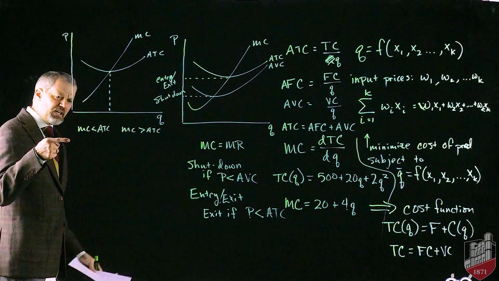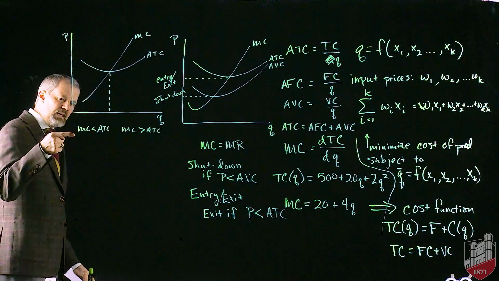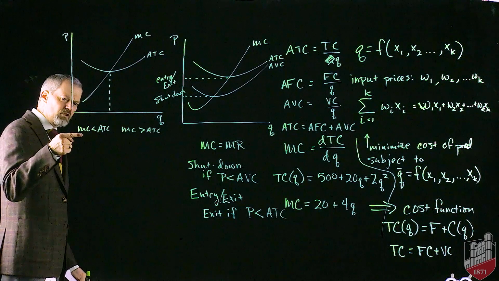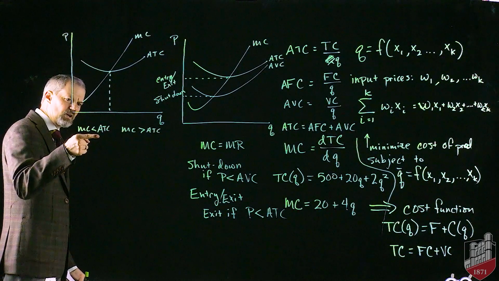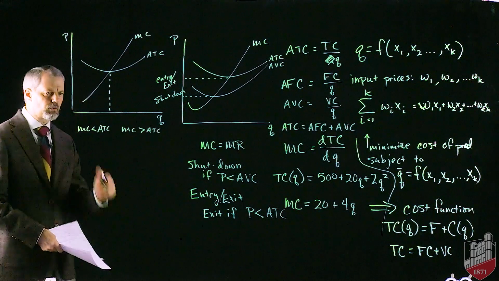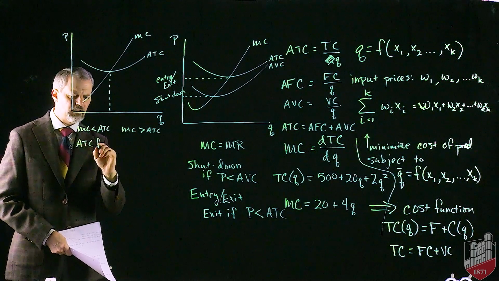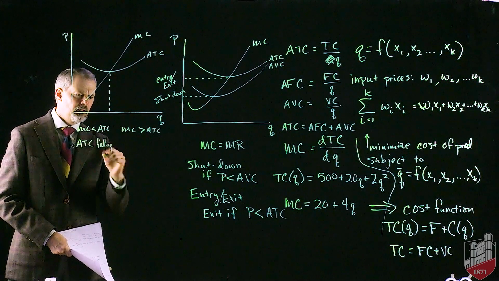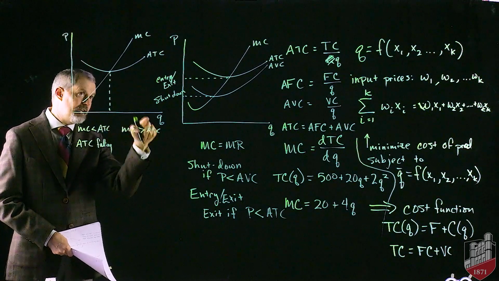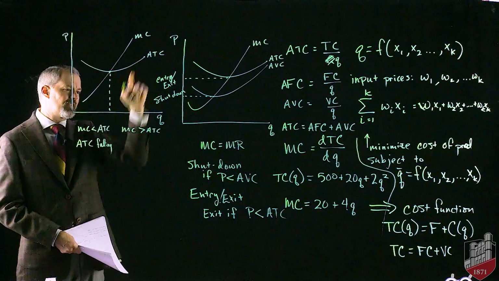So again, as we think about moving in this direction, while we're in the range where marginal cost is less than average total cost, what we see is that average total cost is going down, it's falling. And then we get over into this range and marginal cost is greater than average total cost.